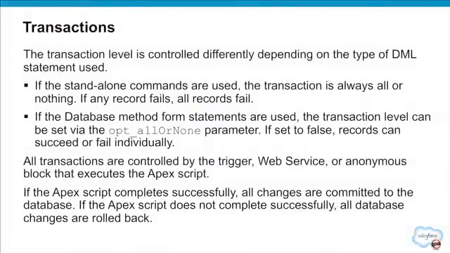All right, let's talk about the transactional nature of doing DML. We've already talked about when we're working with a list of sObjects, we have the allOrNone flag where we can control the transactional nature of that single DML operation on the list of records.